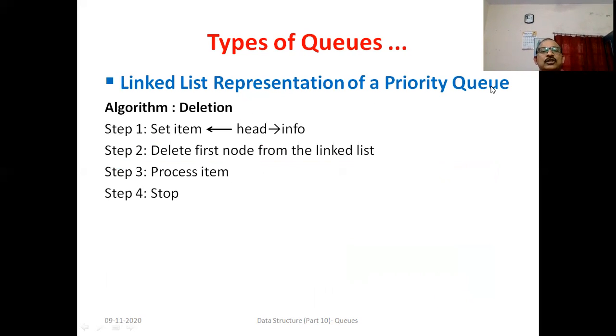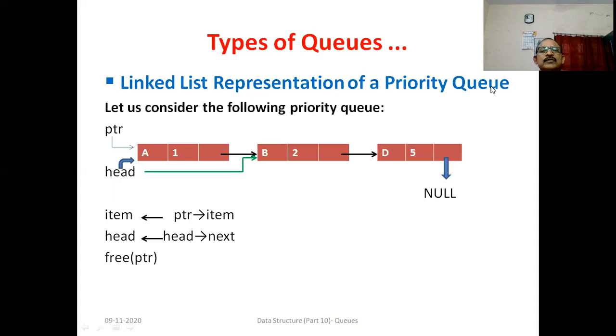Let us see the deletion operation. Here we simply set item equal to head info, delete the first node from the linked list, process the item, and next step, stop. Again consider a priority queue having three items A, B, D having priority 1, 2, and 5, and suppose we want to delete an item from this priority queue. We set PTR equal to head. This is the statement.